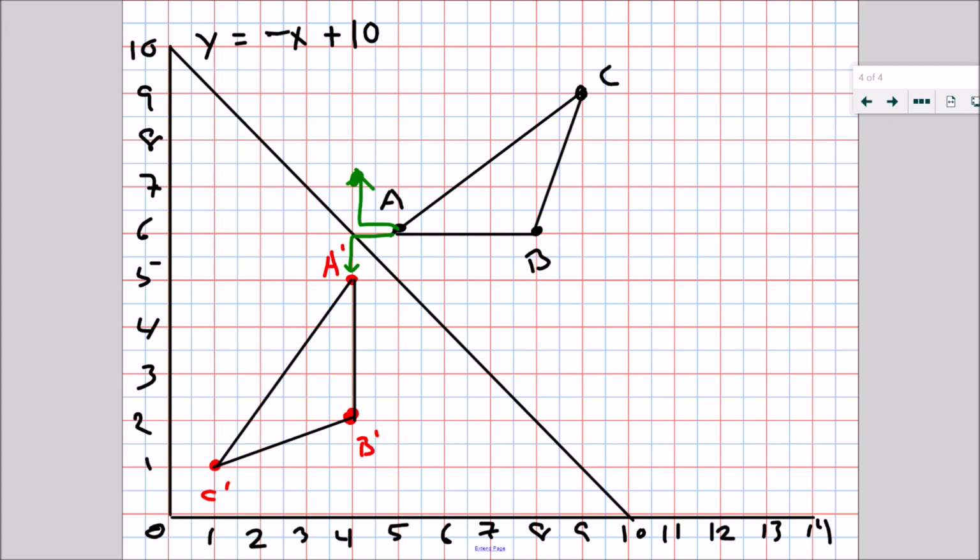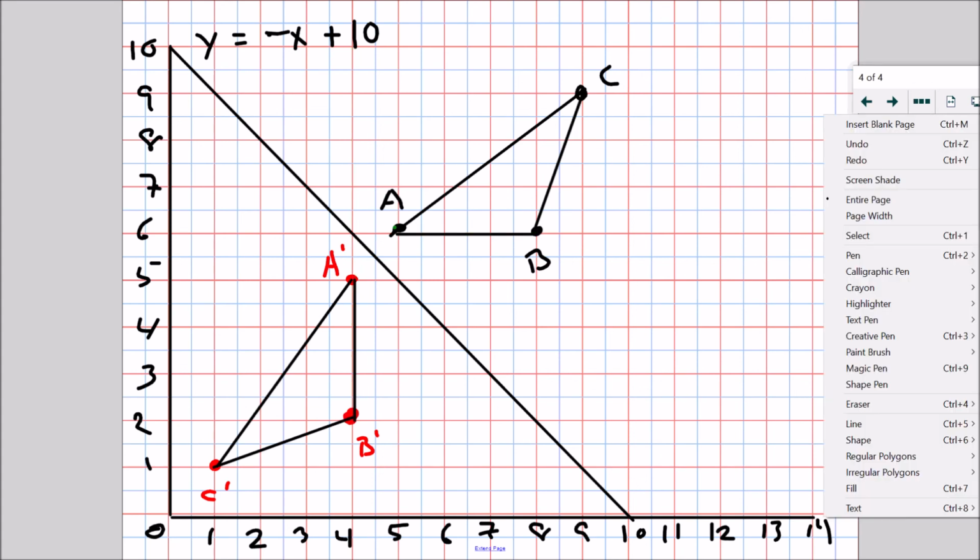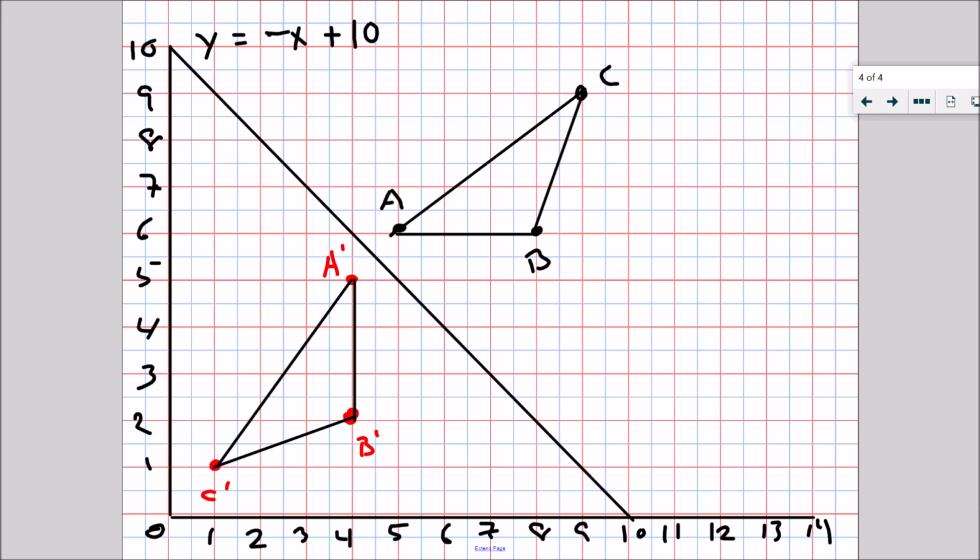If I turned right into up, I'd be on the same side of the line, and I can't do that. So I turn right into down. And I have reflected across that line. Let's clear all this. Okay, I hope that that makes sense.